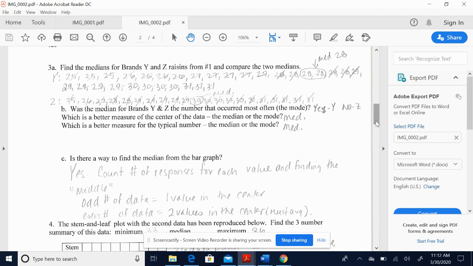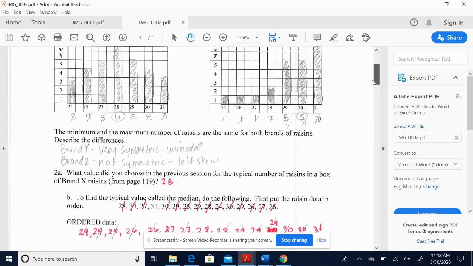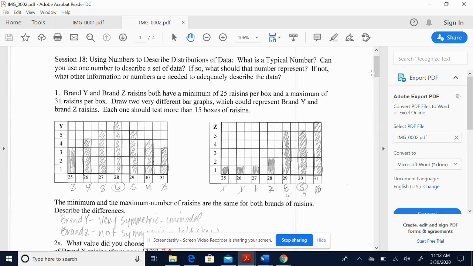However, when you get up to brand Z, that kind of depends on what you mean by typical. If we really want to know where we should expect our raisin count to be, obviously somewhere up here is where the majority of those results are. We did have a median of 30, but we had a mode of 31.